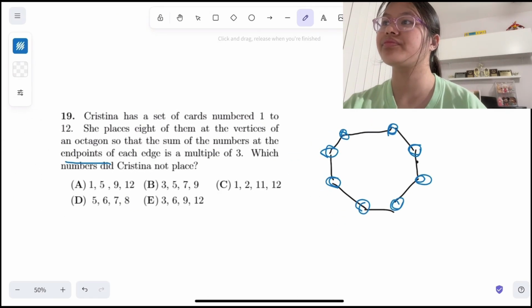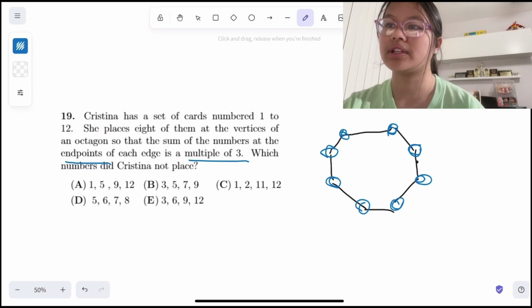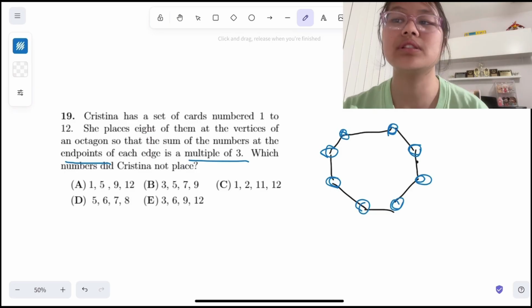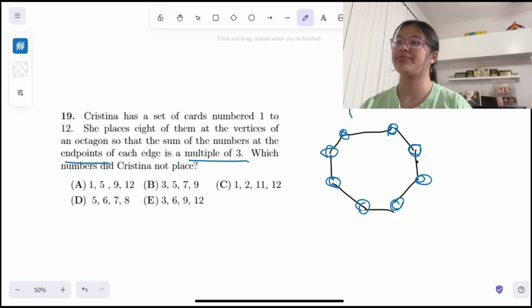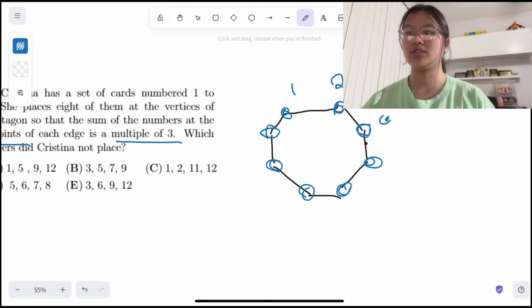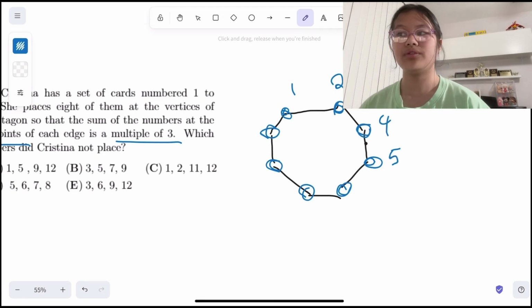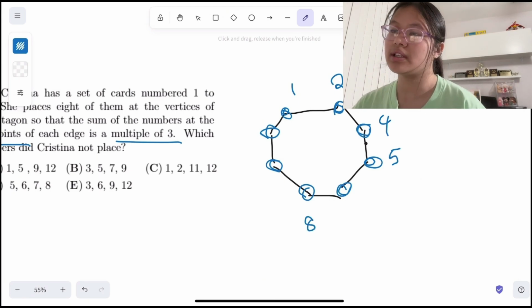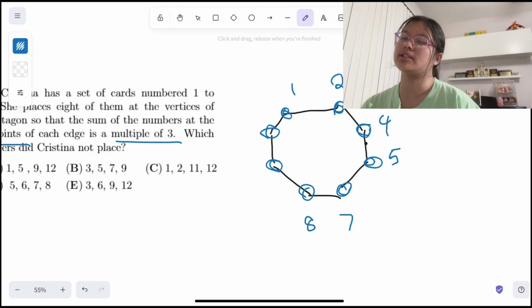Now, trying to find endpoints and which numbers. The endpoint sums are multiples of 3. So what we can do is label it 1, 2, 4, 5, and then 7, 8, and then 10, 11.